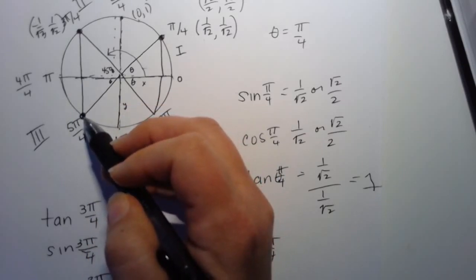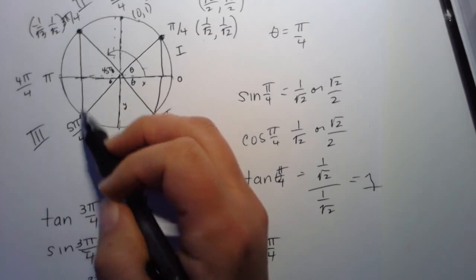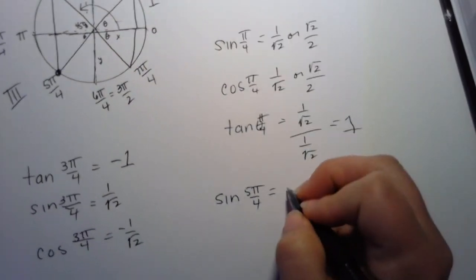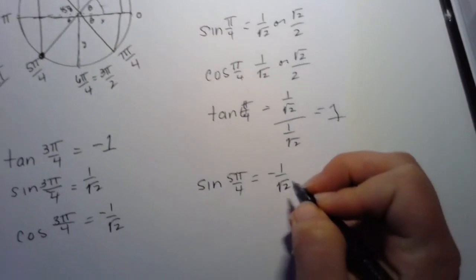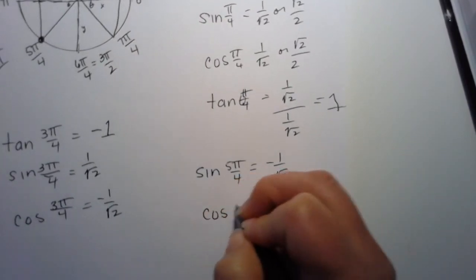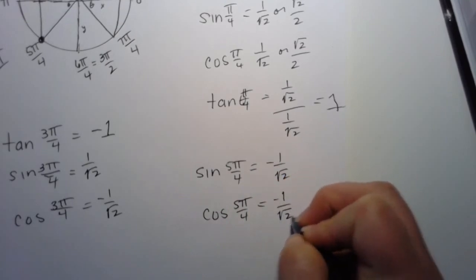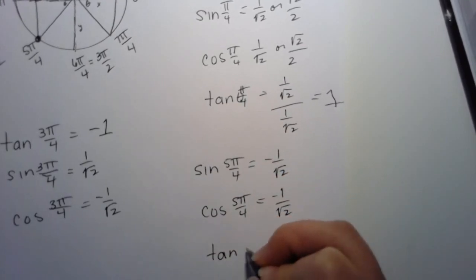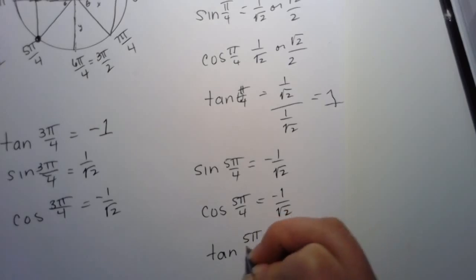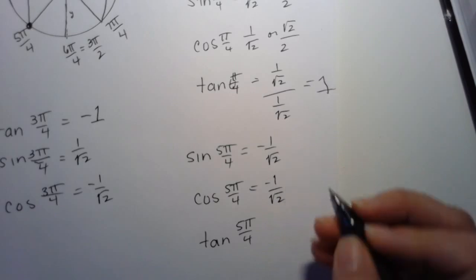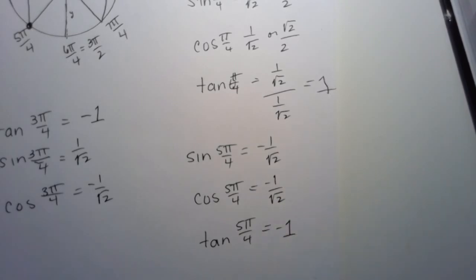So these will both be negative, but the lengths of the sides are still the same. So I get negative 1 over the square root of 2. My cosine is also negative because it's in the third quadrant, negative 1 over the square root of 2. And my tangent of 5 pi over 4, since these are both negative, I have a negative divided by a negative. Same thing though, it's negative 1.